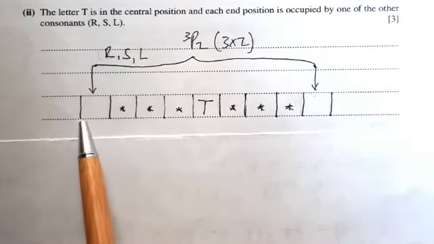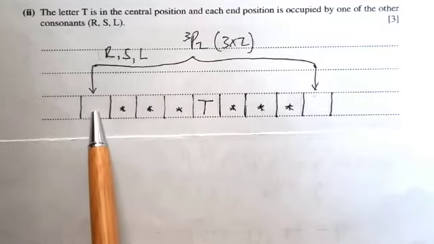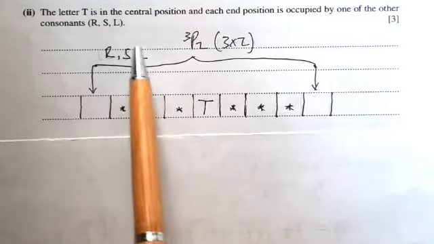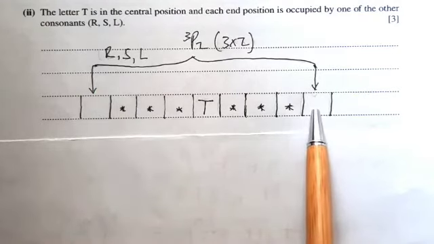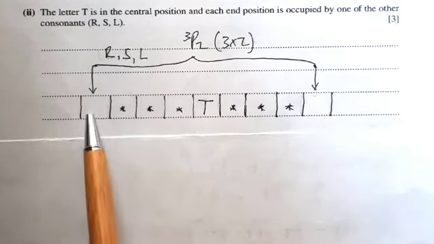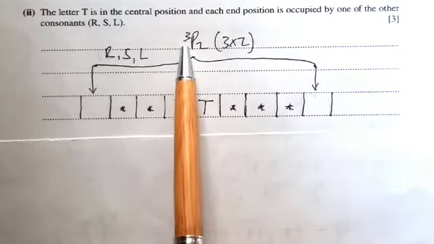For the first end position, there are 3 choices, one of R, S, L, and then for the other end there are 2 choices. Thus, in total there are 3 times 2 ways, that is 3 permutation 2.